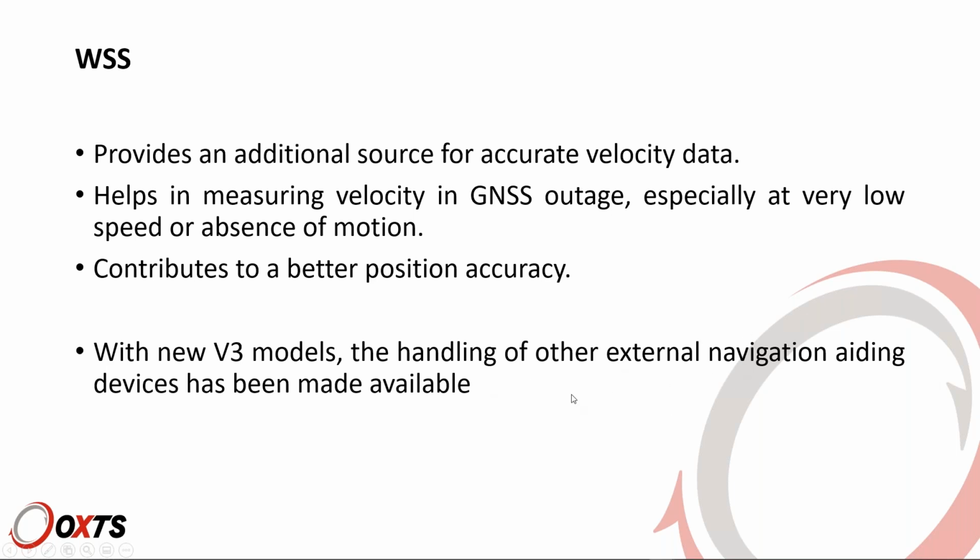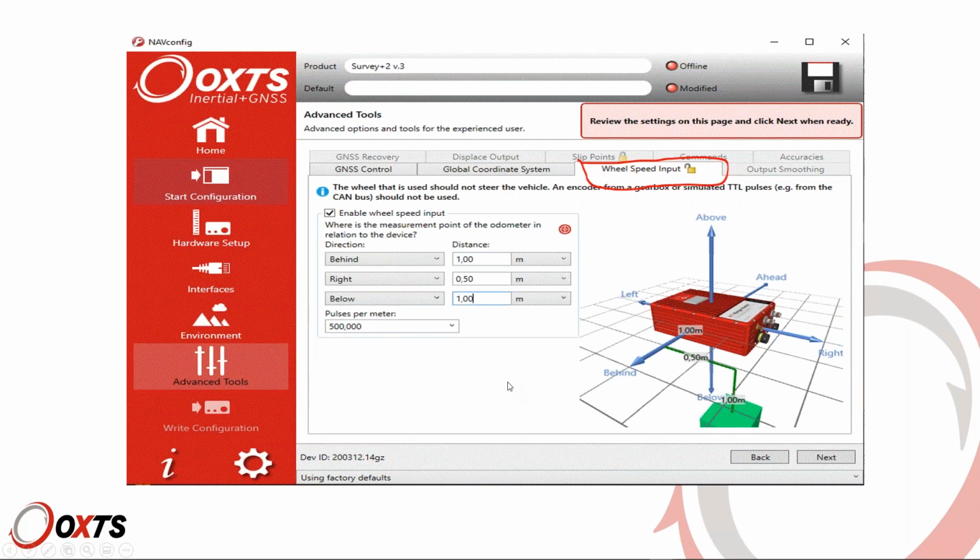You feed that data, it could be from a LiDAR, from a radar, from a camera, from other sensors. You feed that into the system through the generic aiding, as we call it. So you have something that can help the system out. The wheel speed sensor specifically can be configured in the advanced tools wheel speed input section.